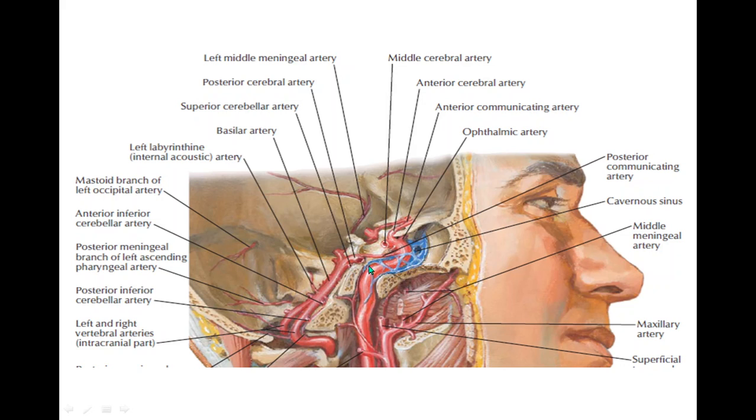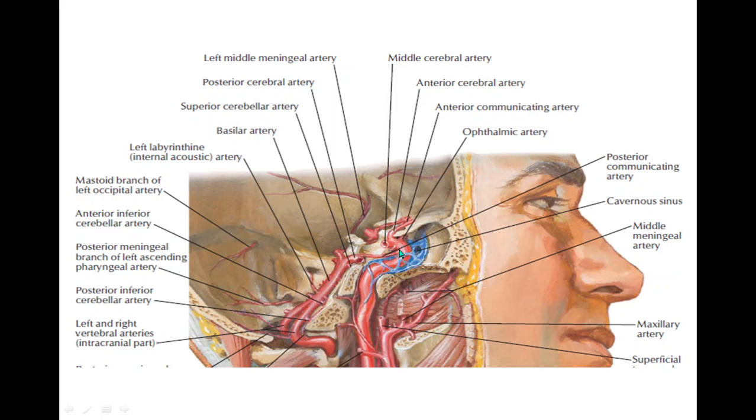If you consider the cavernous sinus as a vein, this artery runs within the vein. It is the only region where an artery runs through a vein. You will not find such a course of an artery anywhere else in the body. So it has a sinus course, passes through the cavernous sinus, pierces through the dural roof of the cavernous sinus and ends by terminating into the middle cerebral artery and the anterior cerebral artery.